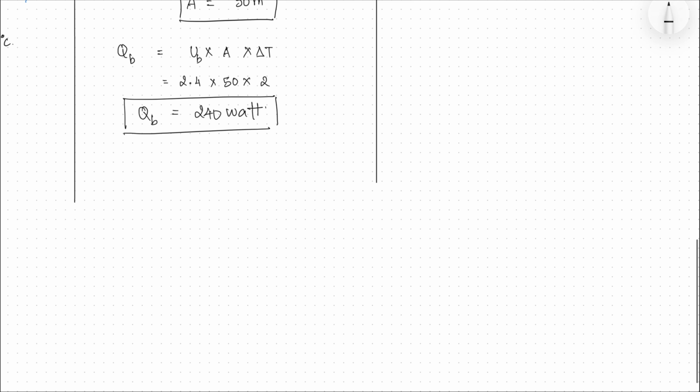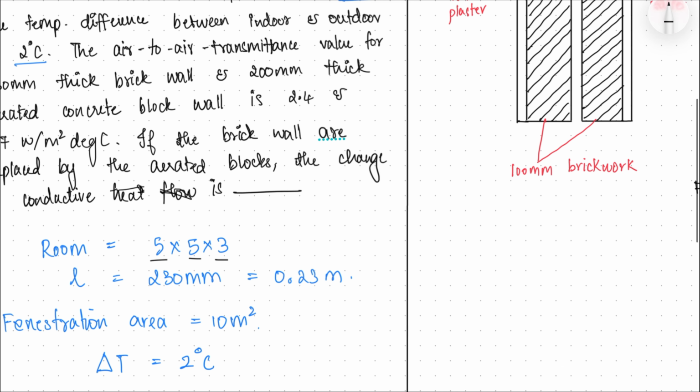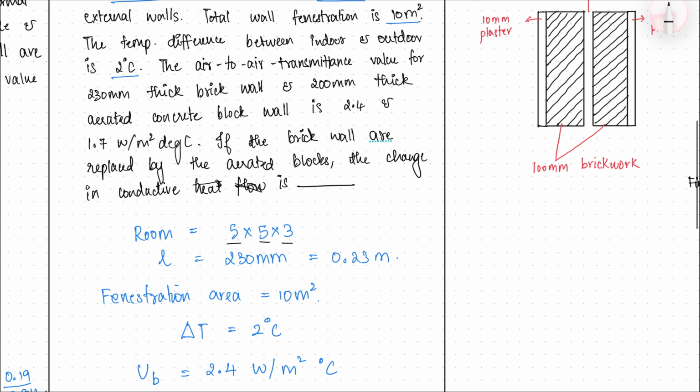Now let's find the heat gain for the aerated blocks. So you'll have 1.7 into 50 into 2, which will give you 170 watts. And they have asked us to find the change in conductive heat if the brick wall is replaced by the aerated block.